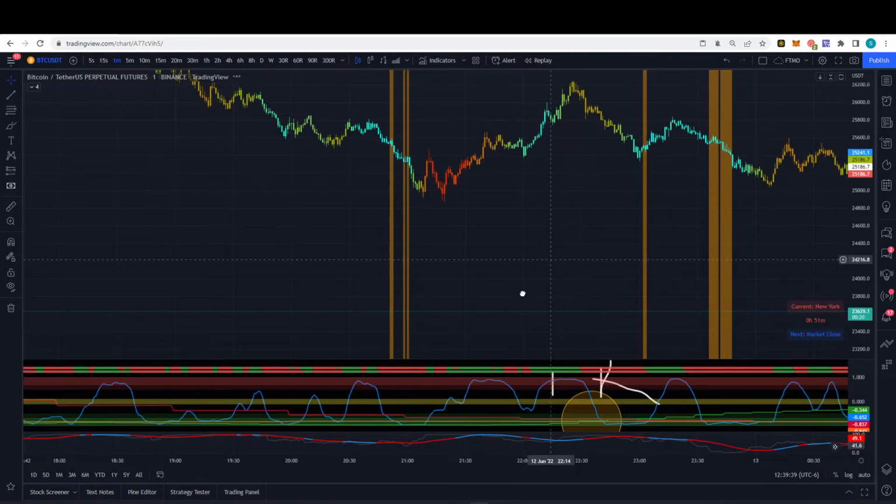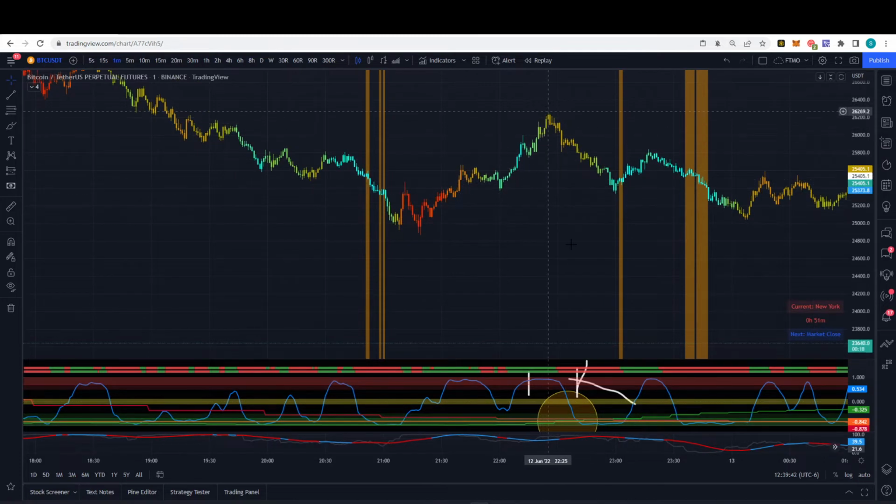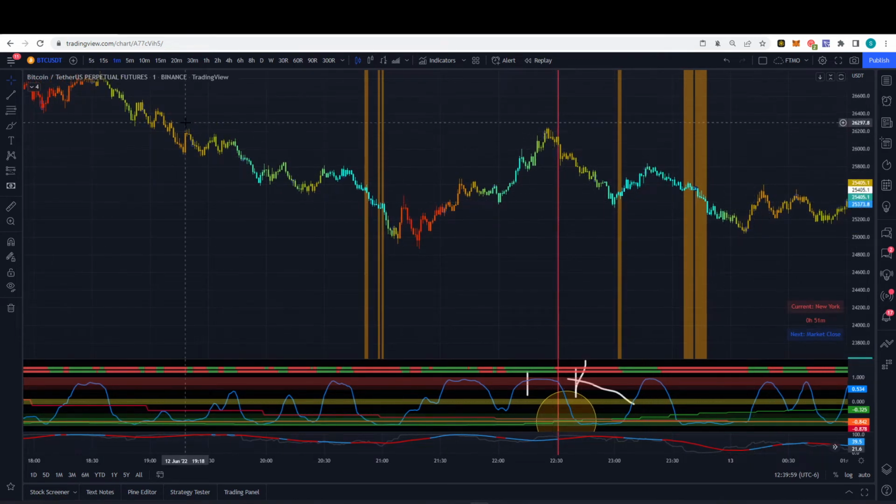So here's that area. And now we were getting our entry over here on the 5 minute. But what we see on the 1 minute is the actual start of that hook, of that 5 minute reversal. So this is the trade I would be taking.